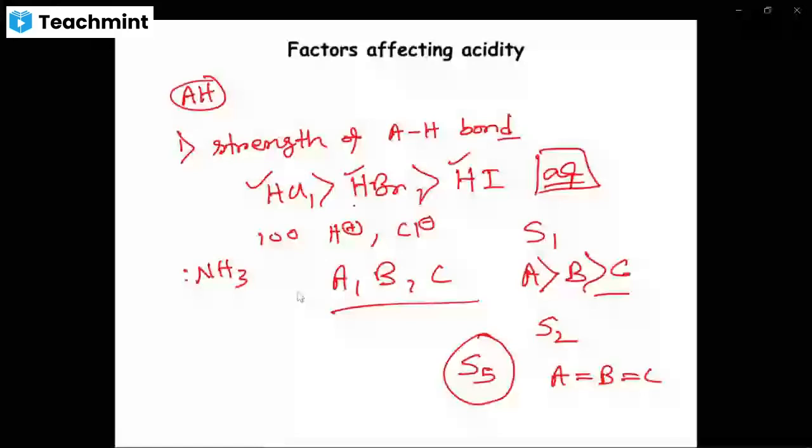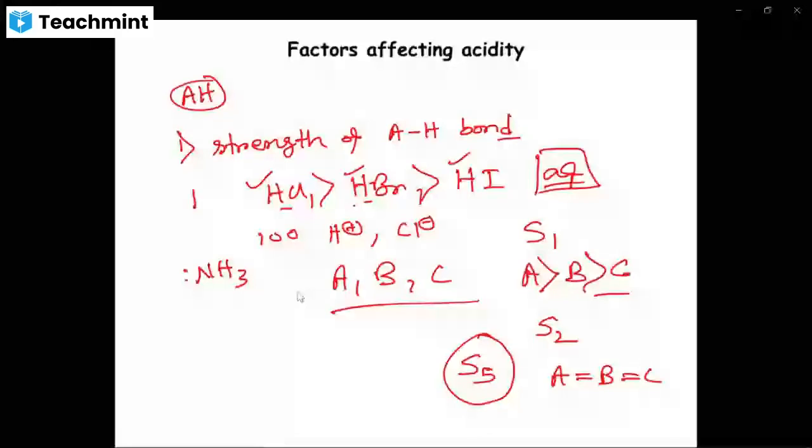When we take HCl, HBr and HI in a solvent which is not a leveling solvent, for example an organic solvent, then their acidity will differ, and it will be decided by the bond strength of HCl, HBr and HI. As we go from Cl to Br to iodine, the size of the halogen atom increases, and we can also include HF here.